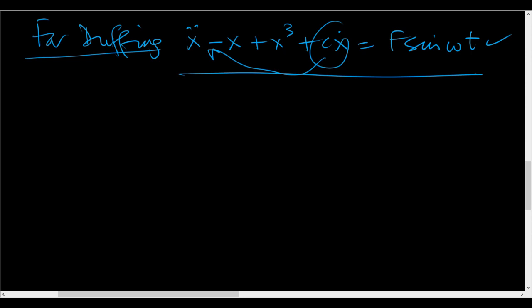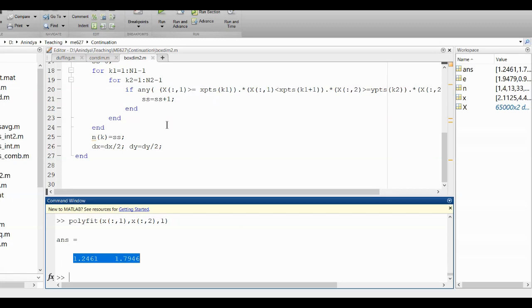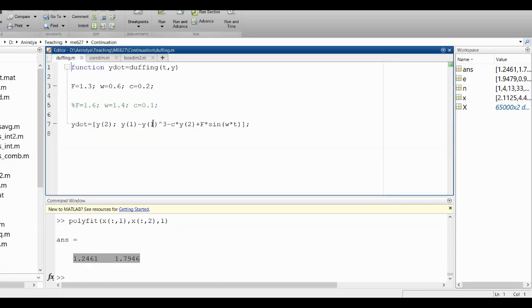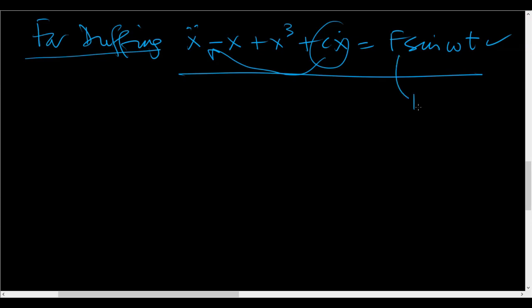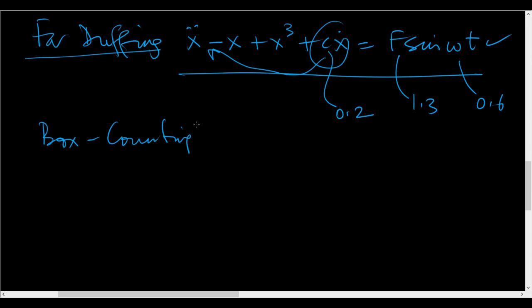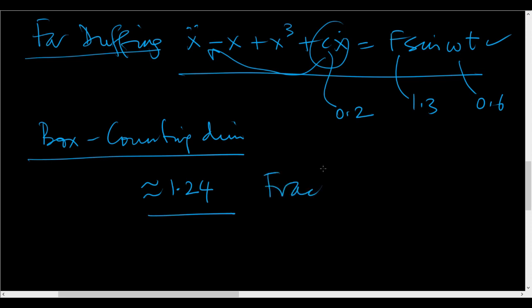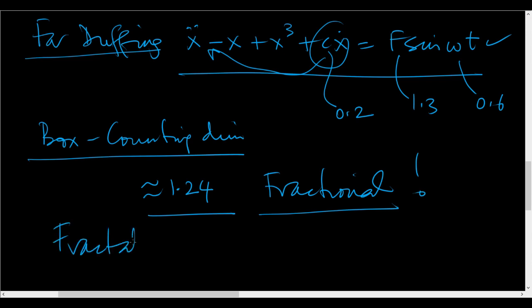And then for parameters, here f is 1.3, omega is 0.6, and c is 0.2. So for f 1.3, omega 0.6, c 0.2, my box counting dimension is something like 1.24. So you see it's a fractional number. That is what we mean by saying it's a fractal set.